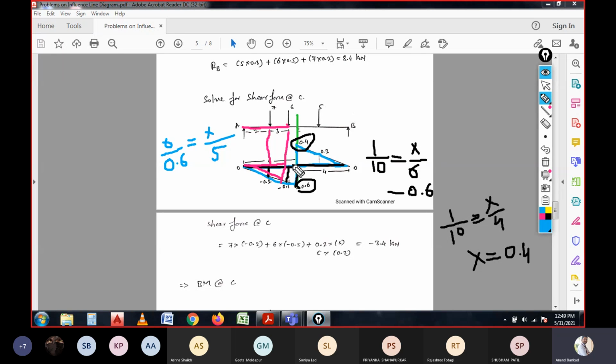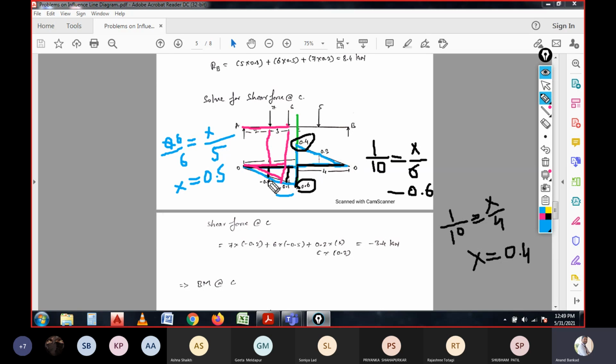That means here it is actually a span of 0.6. It should be written in this manner: 0.6 divided by 6, with the height unknown and the span of 5 meter. Then x will be 0.5. So this is how we have considered this coefficient value.